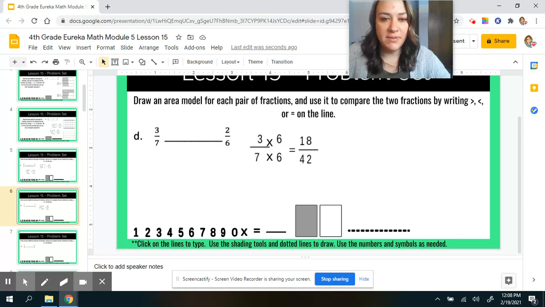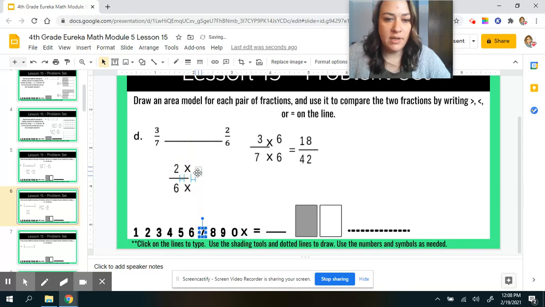It's a large denominator, but that's okay. And then we're going to do the same thing to our 2/6. We're going to multiply it by 7. So 2/6, we're going to multiply our numerator and denominator by 7, creating that common denominator. So then we can compare.